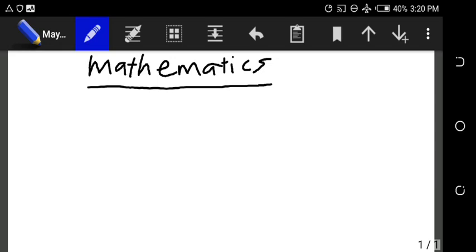So a question could come in this form. Let me make a drawing of a cone. So we have a cone represented by this, having a base. This cone has a base diameter of 12 cm.